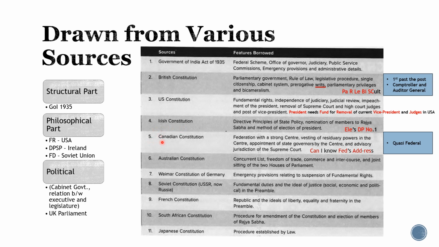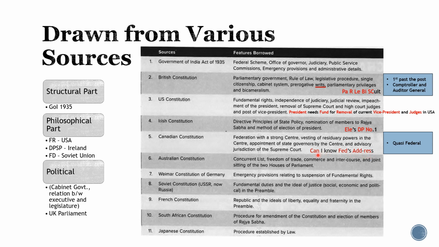In the Canadian Constitution, we've borrowed federation with a strong center, vesting of residuary powers in the center, appointment of state governors by the center, and advisory jurisdiction of the Supreme Court. So, how you can remember this is: can I know Fed's address?